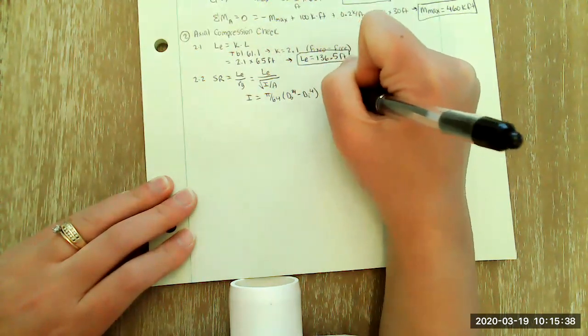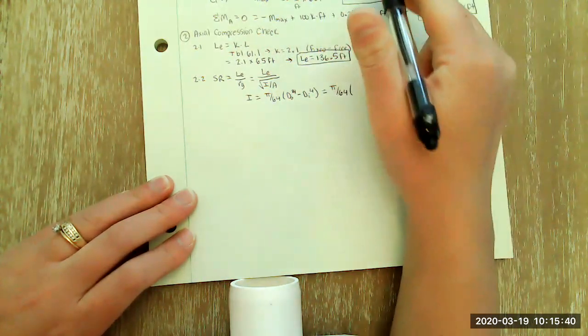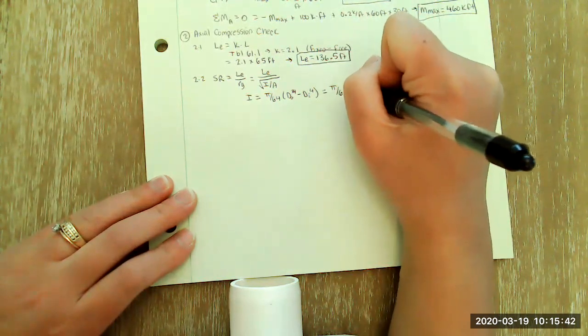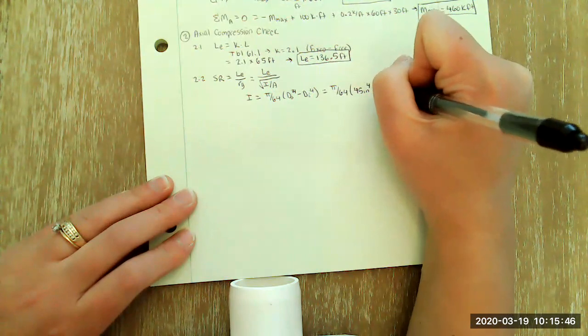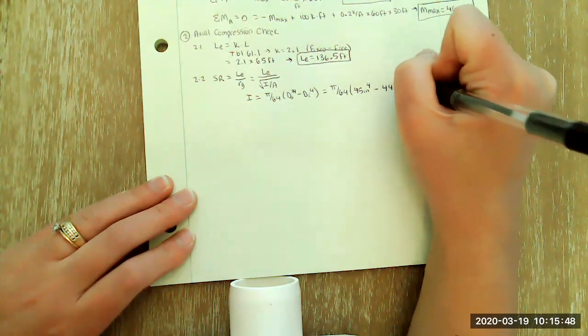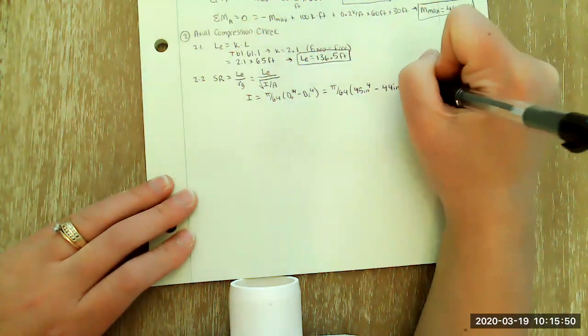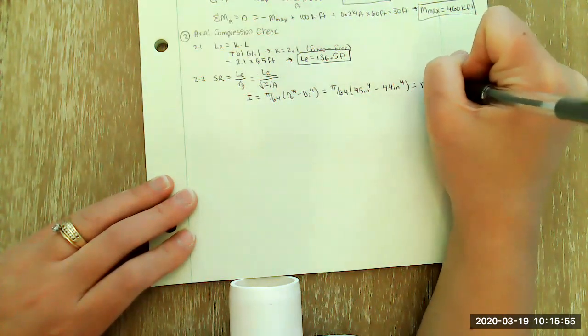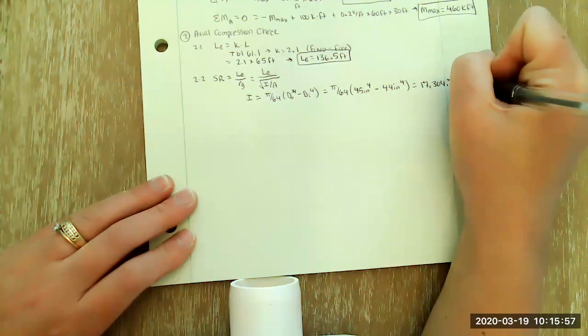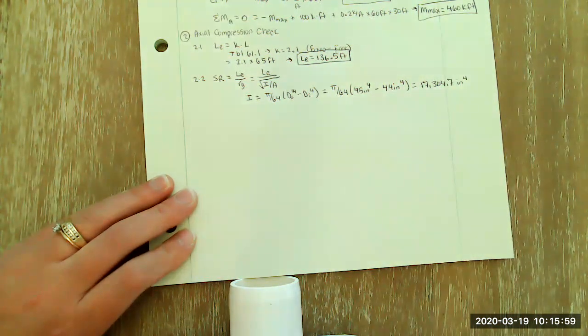Plugging in numbers, pi over 64 times my outer diameter of 45 inches to the 4th power, minus my inner diameter of 44 inches to the 4th power, I got 17,304.7 inches to the 4th.